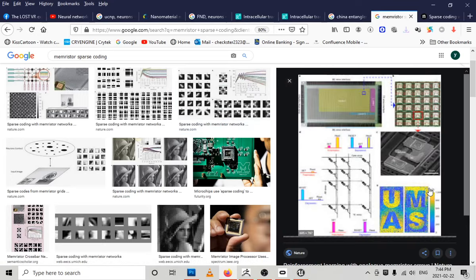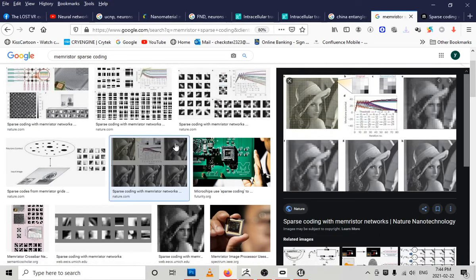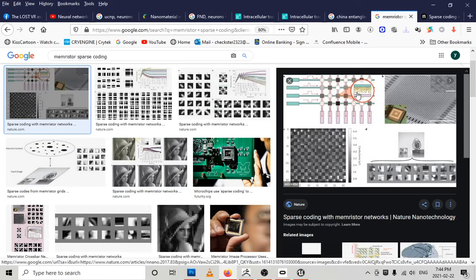And the memristors are being dictated by vacancies. See these vacancies between every crossbar? Those would be nitrogen vacancies in a nitride-based memristor.